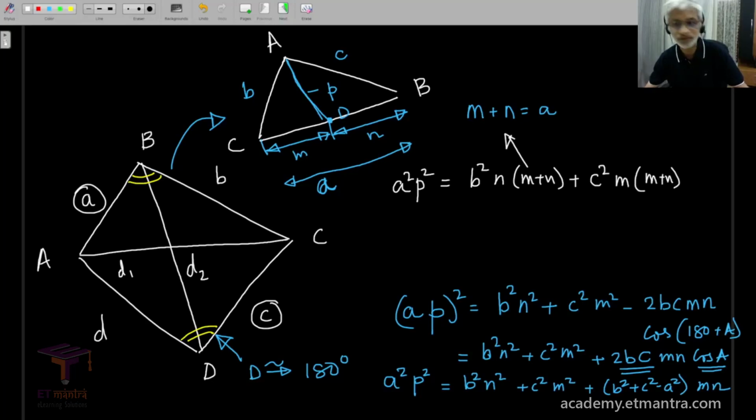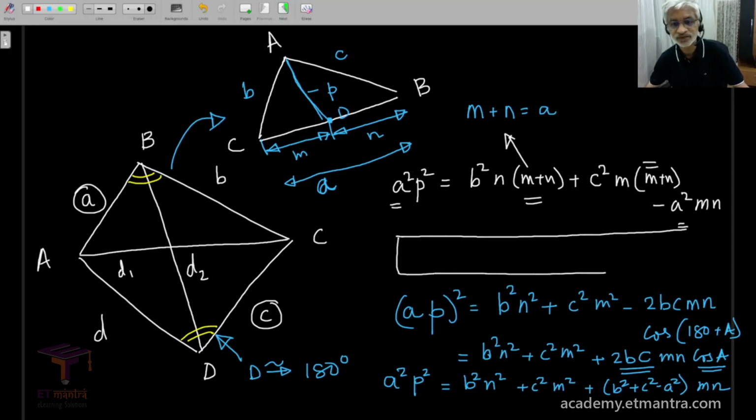Once again, remember that m plus n is A, minus A square mn, and finally, if you just cancel 1 A here, 1 A here, 1 A here, 1 A here, and 1 A here, you get this famous formula, which is called Stewart's Formula, which will help you to calculate P.